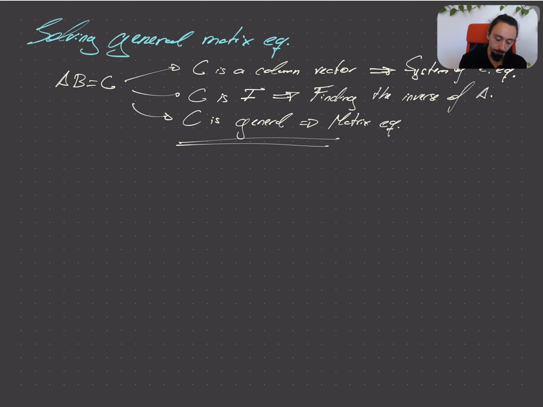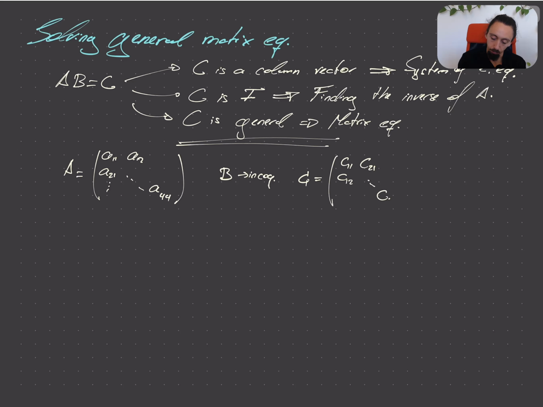So in the 4-dimension case, A equals A11, A12, A21, to A44. And we have something similar for B, which is the unknown, and then C equals the same, C11, C12, C21, to C44.